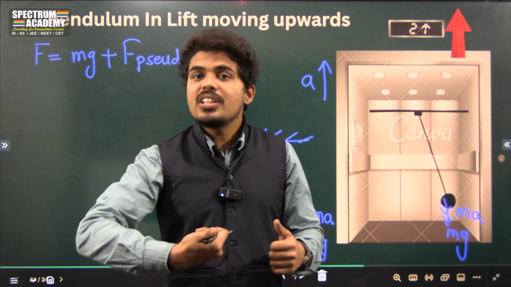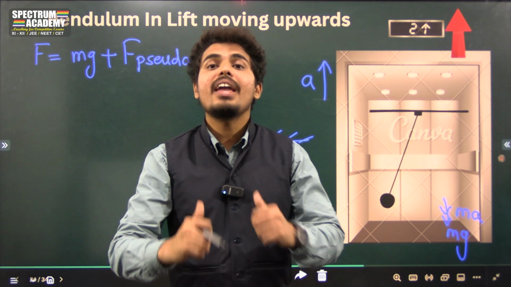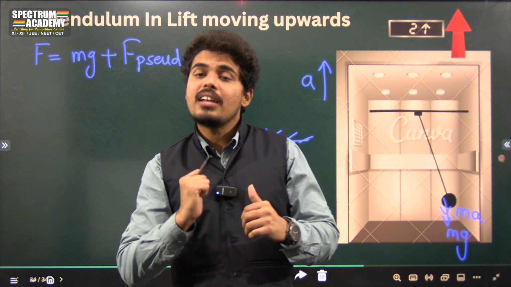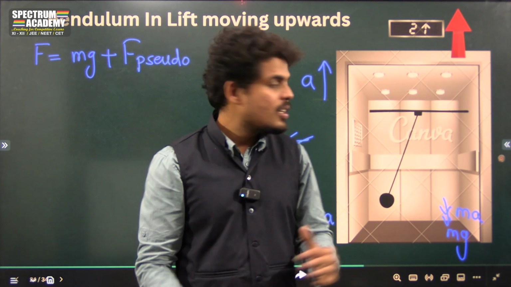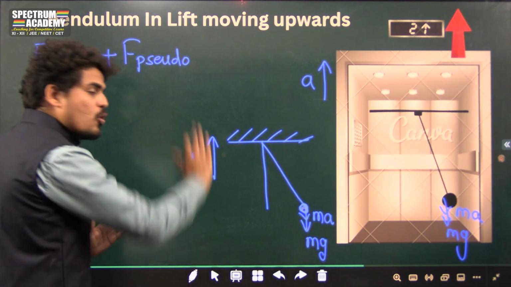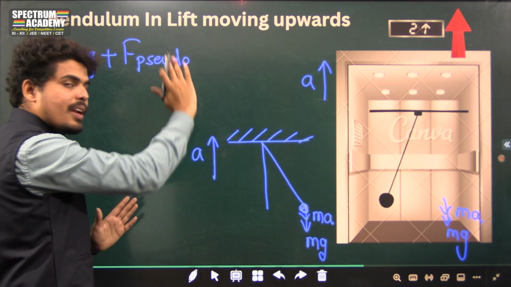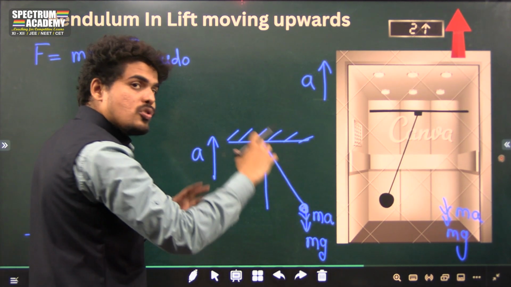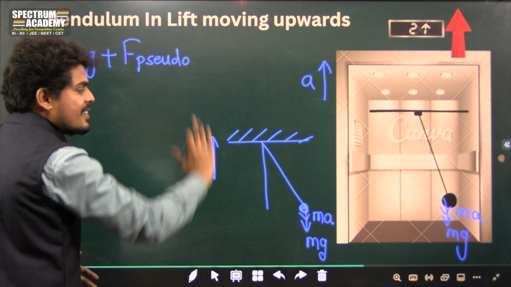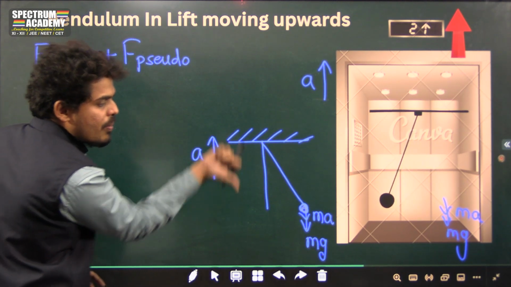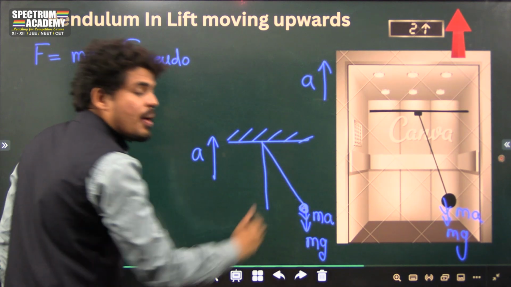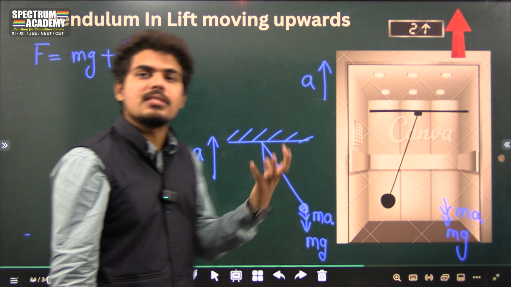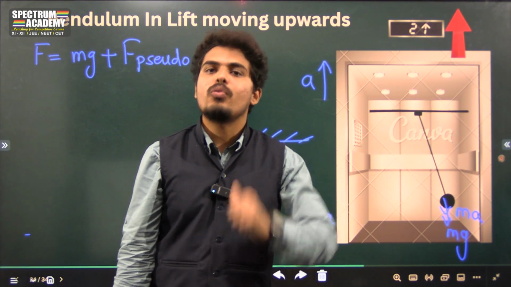Acceleration is in this direction but we experience the force in the opposite direction. So यहां पर लिफ्ट ऊपर जा रही है, एक्सेलरेशन ऊपर, लेकिन ये बॉब सूडो फोर्स एक्सपीरियंस करेगा इस रियल एक्सेलरेशन के अपोजिट डायरेक्शन में, मींस नीचे वाले डायरेक्शन में. मैग्नीट्यूड होगा मास इनटू एक्सेलरेशन and the direction is downwards.